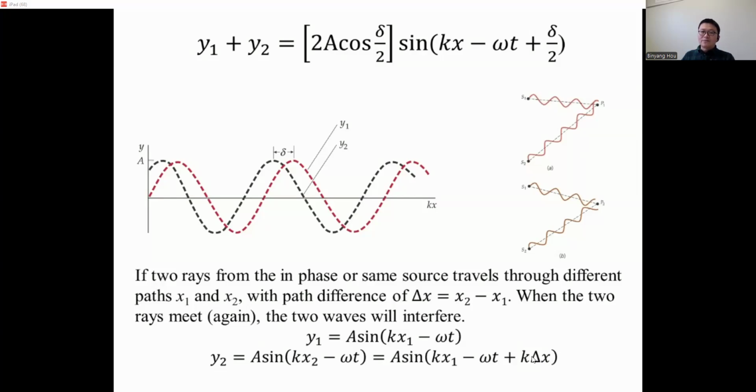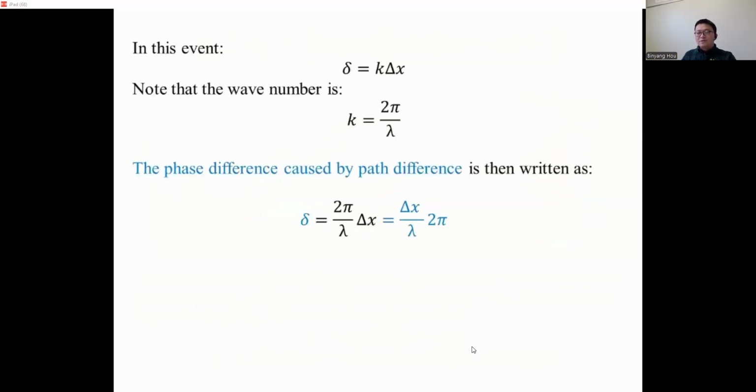So if this is a multiple of 2 pi, then a peak will meet a peak, a trough will meet a trough. And if it differs by just pi, then the peak will meet a trough, and the trough will meet a peak. So they cancel out in that way. So it depends on k times delta x.